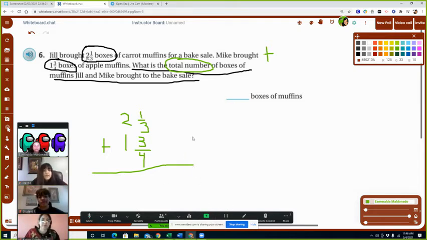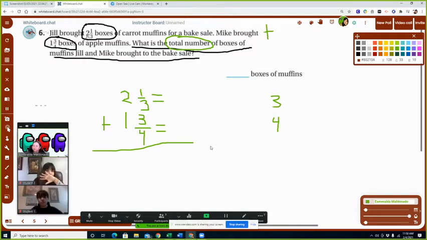Since they're different denominators, we have to find the equivalent fractions for them. Yes, so we need to find the equivalent fractions. To do that, we need to list the multiples of 3 and 4. So let's go ahead and write the multiples of 3 and 4.